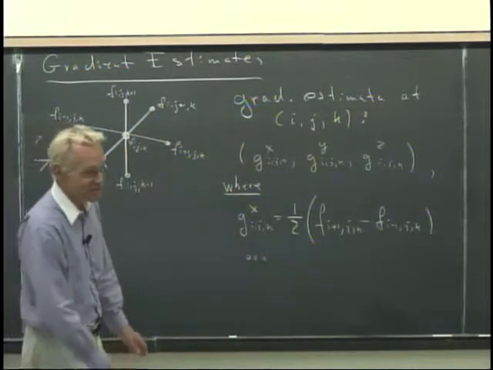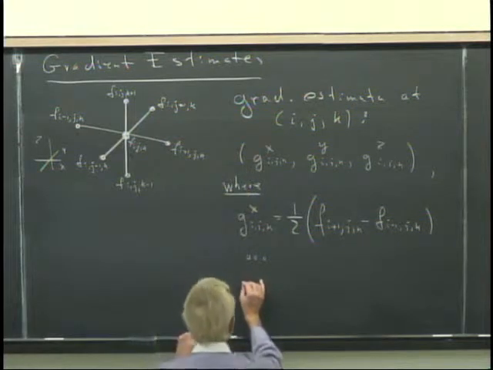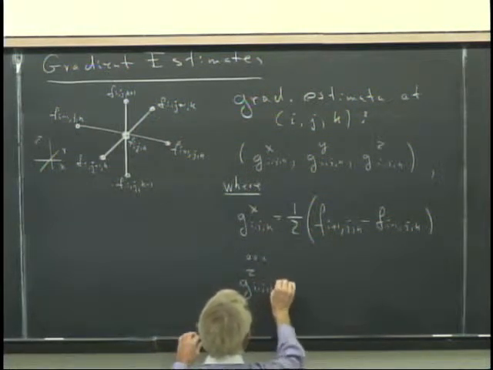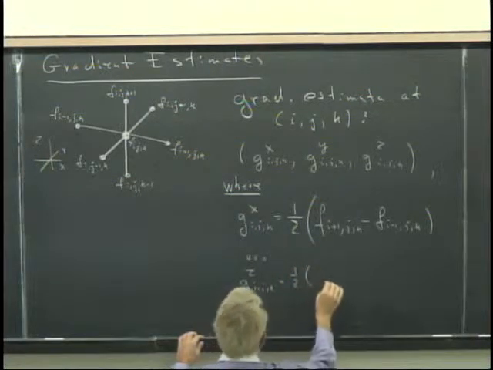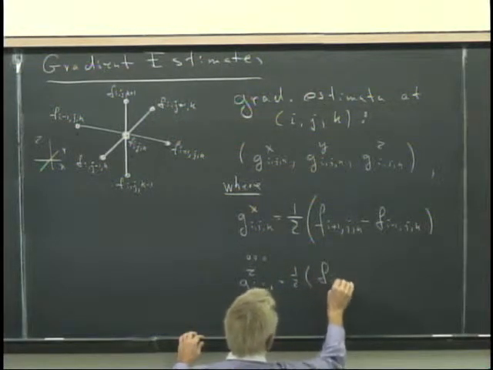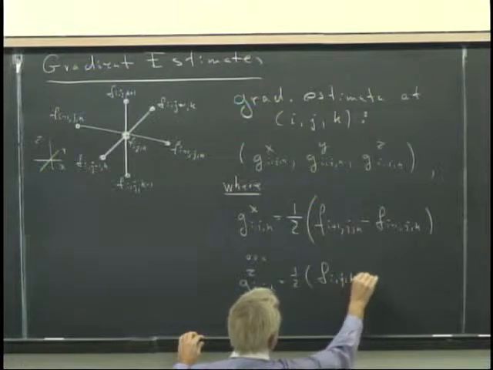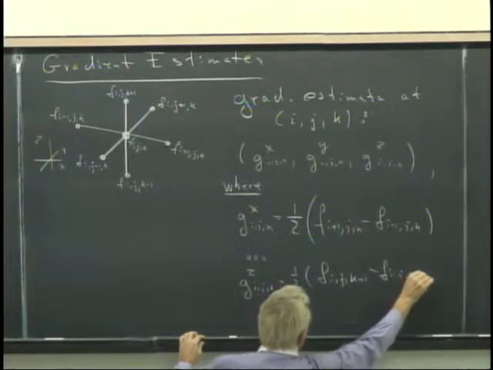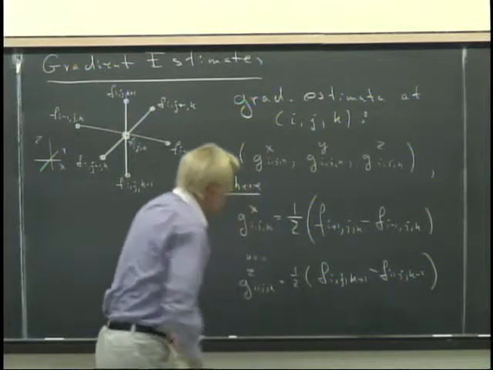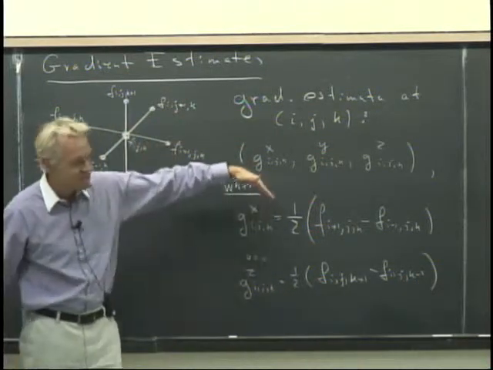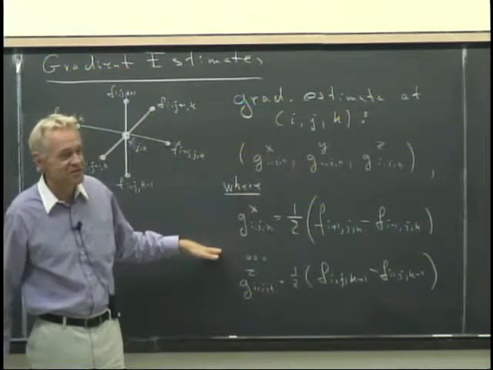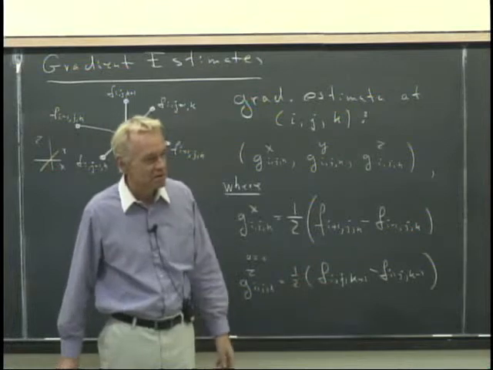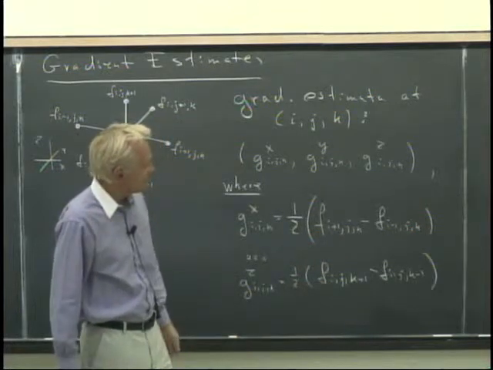I only say what gz is, because the other one you can figure out yourselves. Gz at location ijk equals 1/2 of the top neighbor fi jk plus 1 minus the bottom neighbor fi jk minus 1. And now, by seeing the pattern, you know what gy is. It's differencing in the j index. All right, that's what we have.